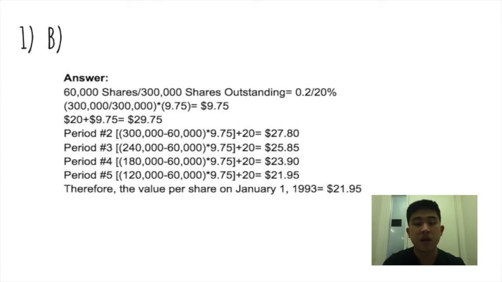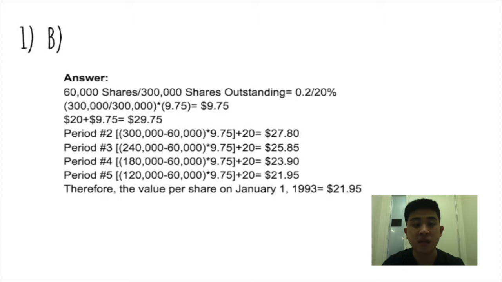Next, I use $300,000 and divide it over $300,000 multiplied by the cumulative dividend, which is 9.75, and that gives me $9.75. And I add that to 20 and I get $29.75 for the first period.